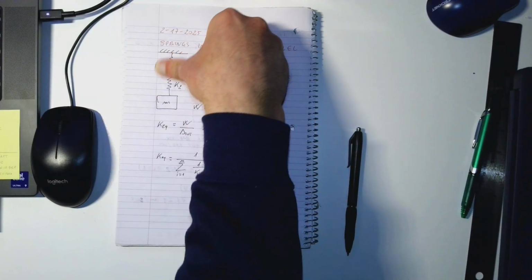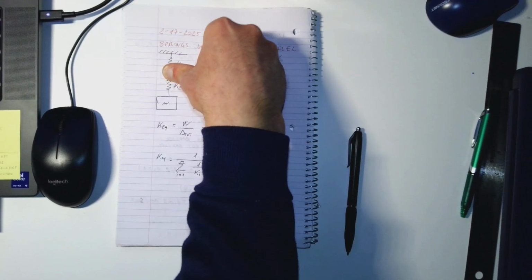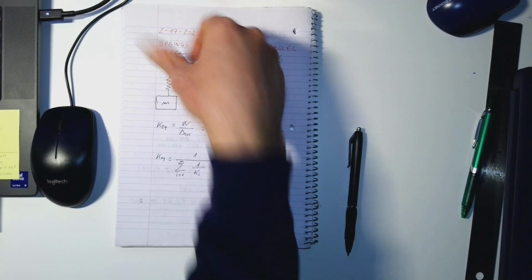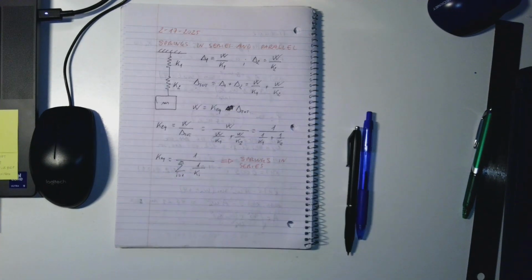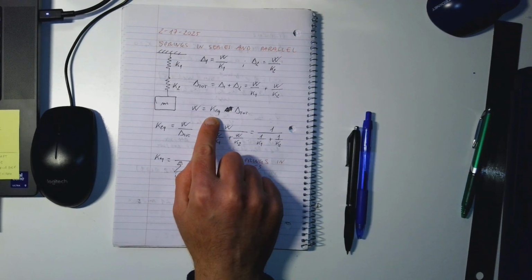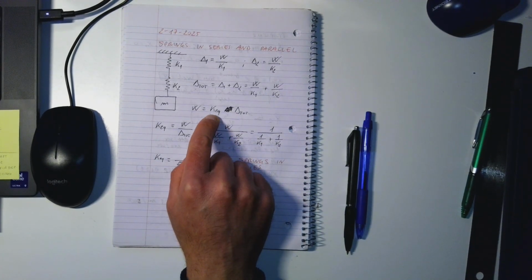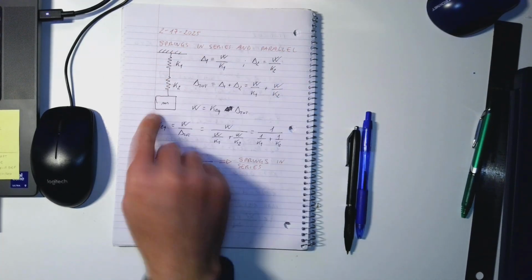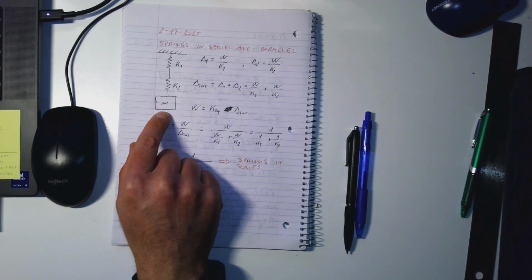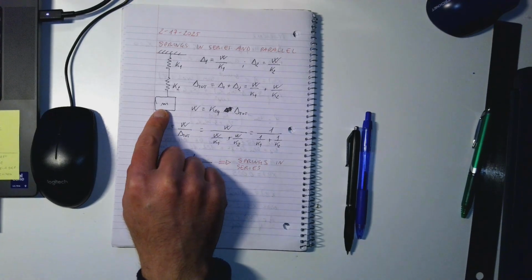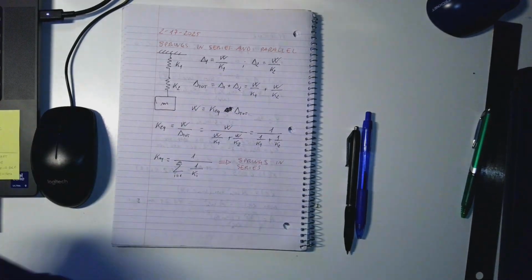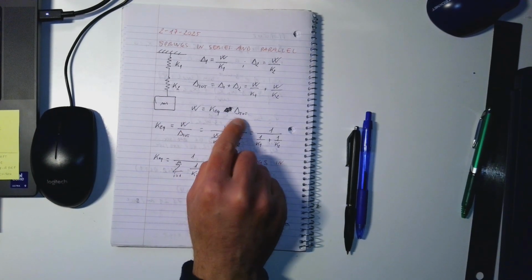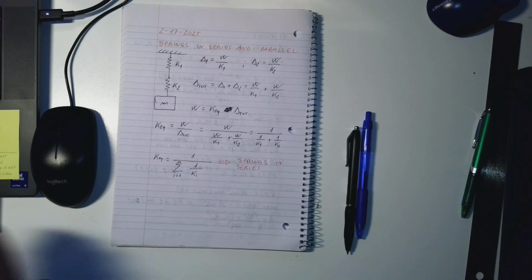So you can consider these two as a single block of springs, and that single block will have a certain elastic constant. So you know that this block is subjected to a certain weight, which is the force at which it is subjected, and because of this force we have a certain displacement of the entire block.